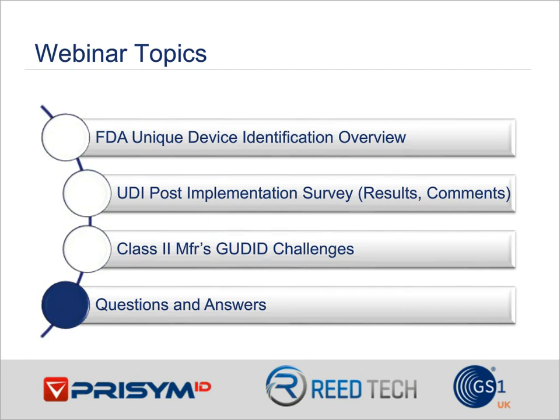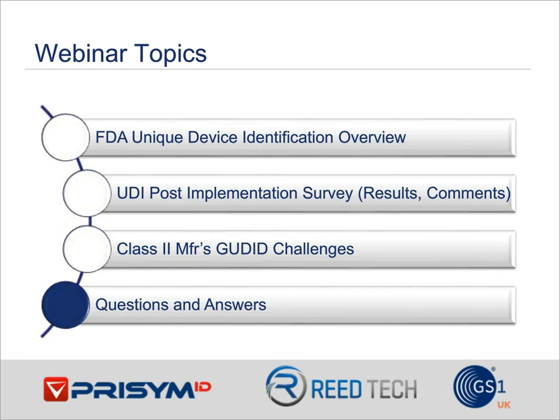I've heard a couple instances where the FDA has already looked for UDI during their inspections and wanted to see documentation surrounding UDI. And I think it'll be an evolving timeline, so it won't be an on and off sort of thing.